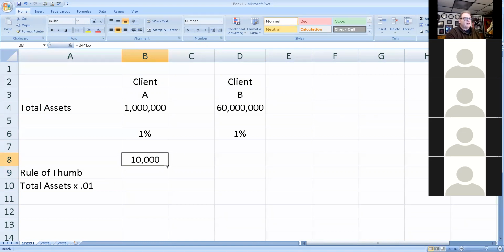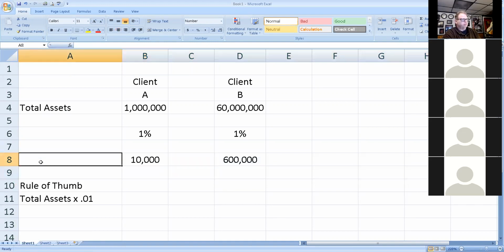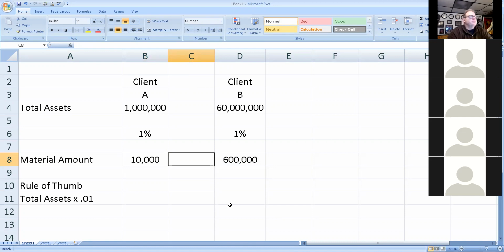So that would mean total, what would be a material amount could be, you know, $10,000 for client A, but for client B, they have a lot more assets.